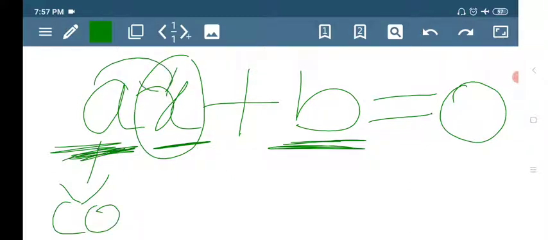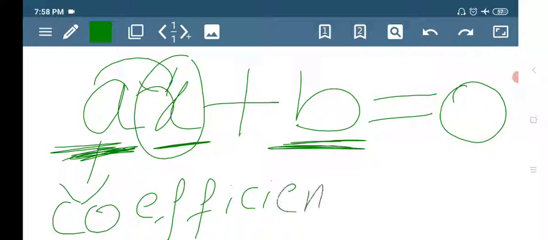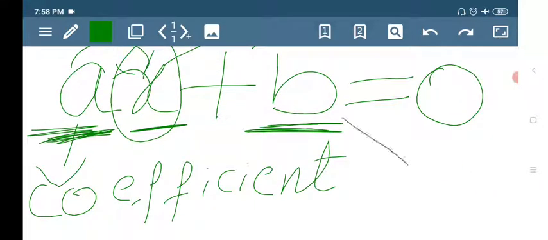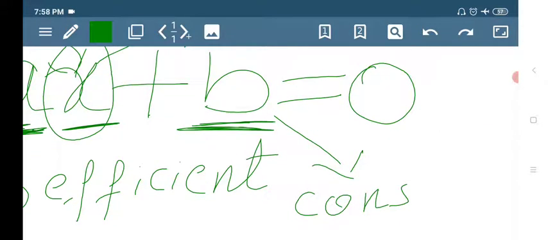A is dependent on x. That is called a coefficient. x is a variable and here b is called a constant.